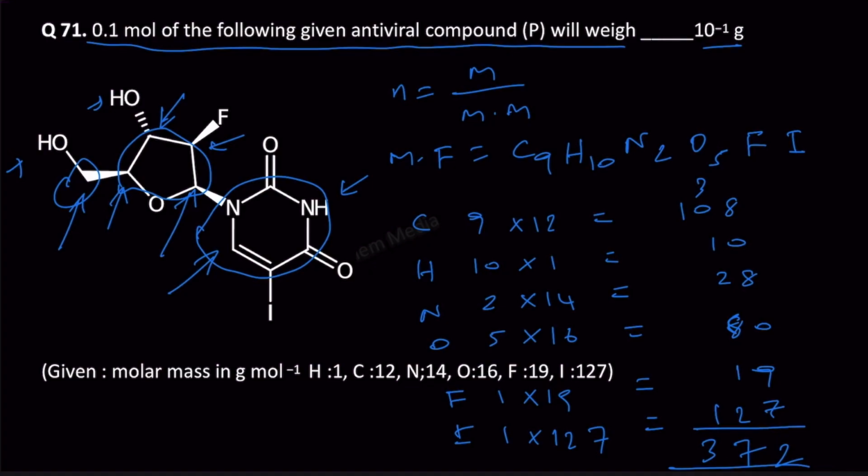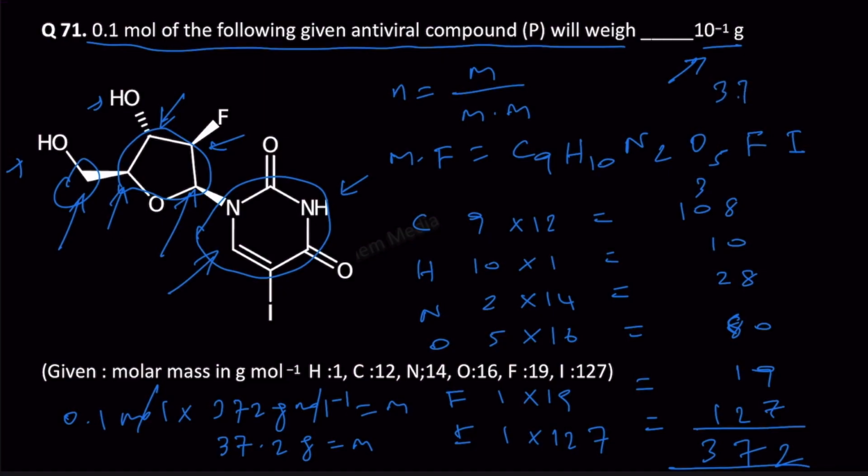So, this means number of moles is given as 0.1 mole, molar mass is 372 gram per mole. So, therefore, mass is actually 37.2 gram, but the final answer we need to write it as 10 to the power minus 1 gram.